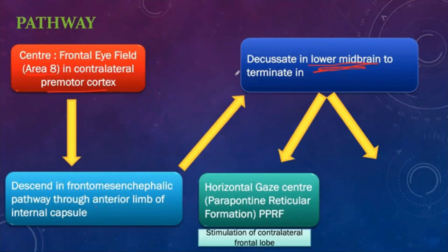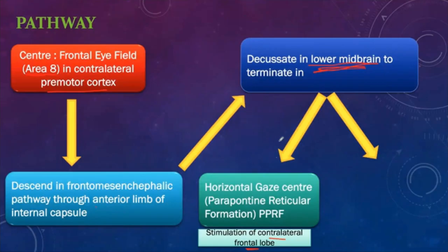This will be concerned with the horizontal eye movements, and it will receive stimulation from the contralateral frontal lobe. So for example, if you are looking to the right, your left frontal field will stimulate the right horizontal gaze center in order for both eyes to move to the right.